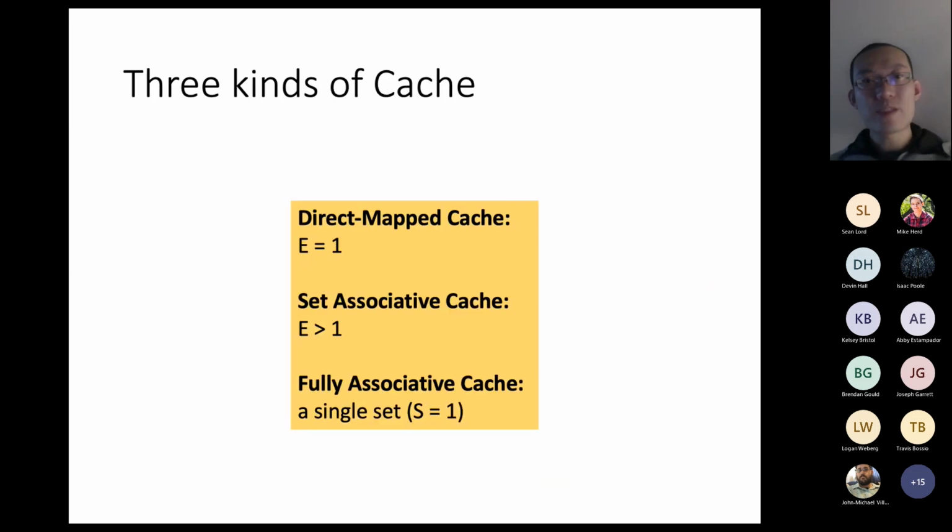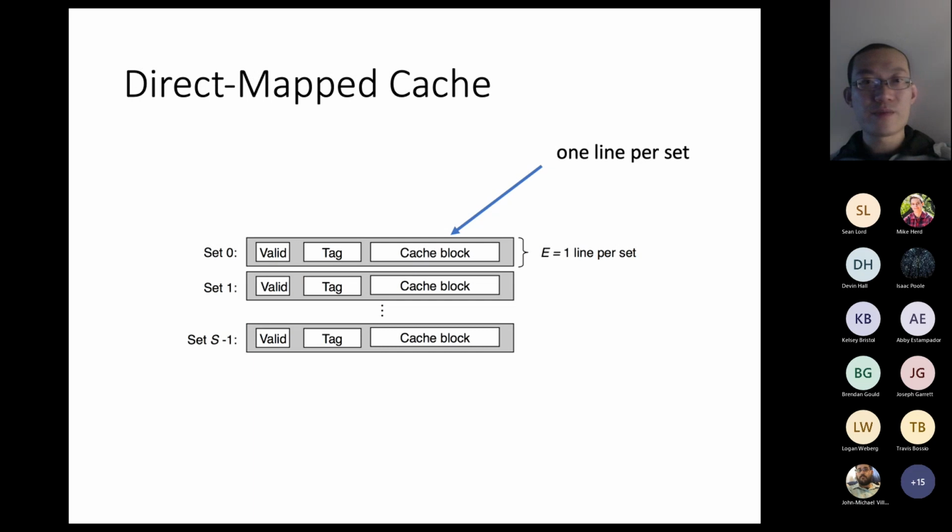And based on the parameters, we have three kinds of cache. Direct map cache, which is just one line per set; a set associative cache, where we have more than one line per set; and the last one is fully associative cache, which has just one set and multiple lines.